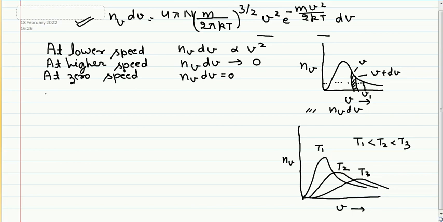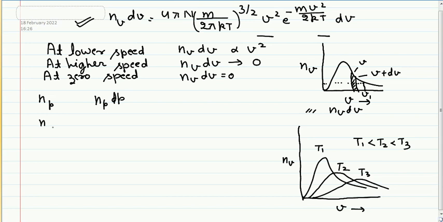Now suppose you get a question about the distribution like N_p or N_p dp, then what is the meaning of N_p and N_p dp?